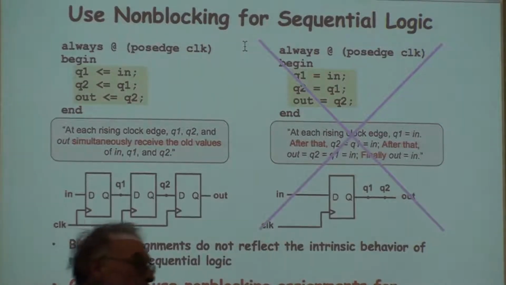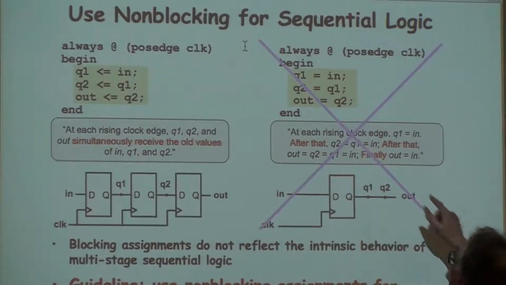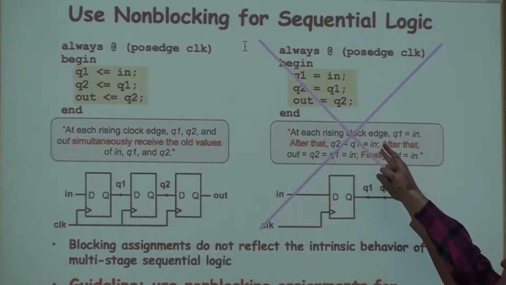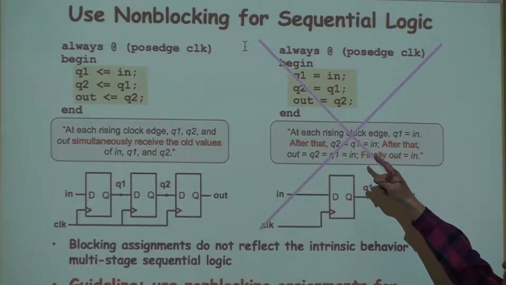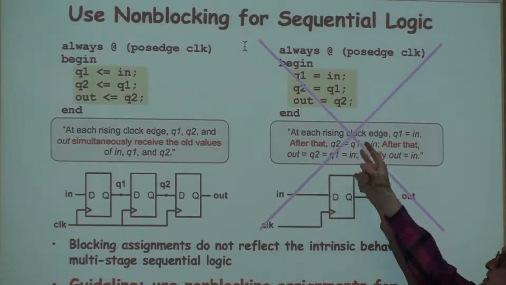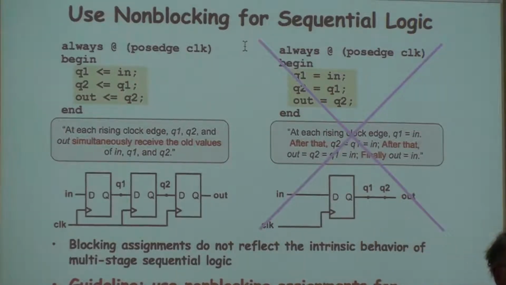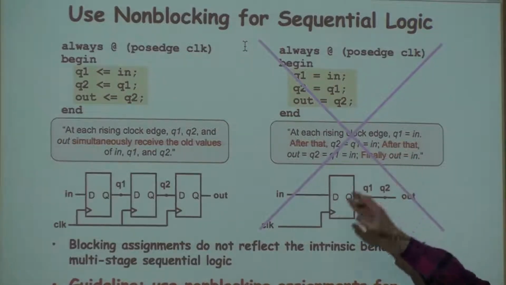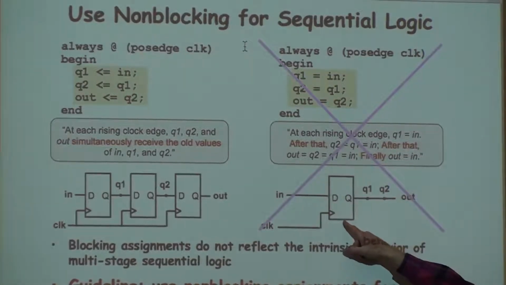If you were to use blocking assigns, then what you're saying is set Q1 equal to in, set Q2 equal to Q1, then make out equal to Q2. And so in your brain you might think that is sequential assignments, but it's not, because there is no sequentiality in Verilog. Rather, you are synthesizing a circuit that has these dependencies, and so what you're synthesizing is this.